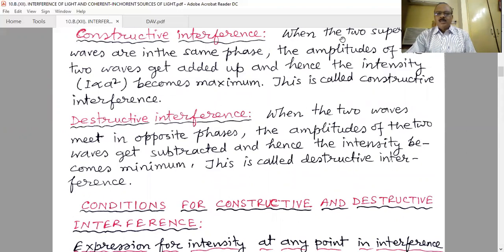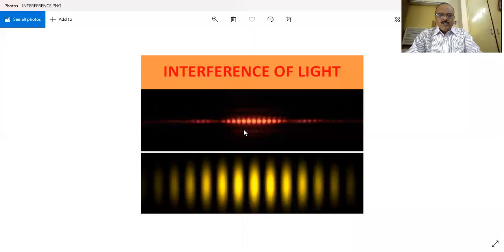Both constructive interference and destructive interference take place together. Here we can see one interference pattern. This point is the constructive interference, and this dash break is the destructive interference.